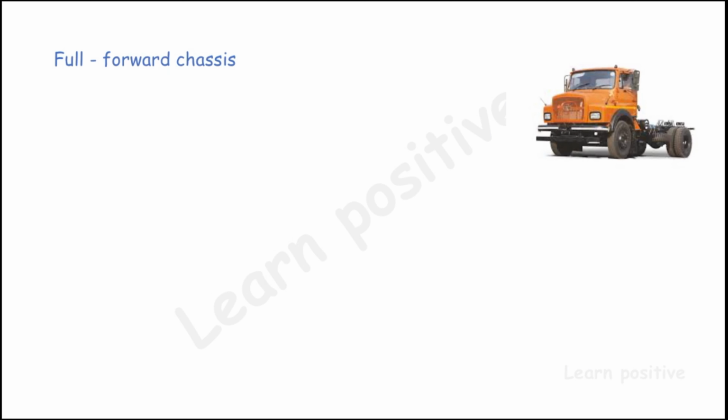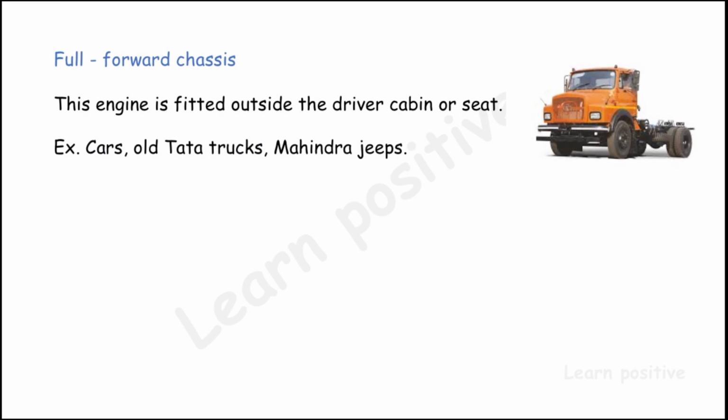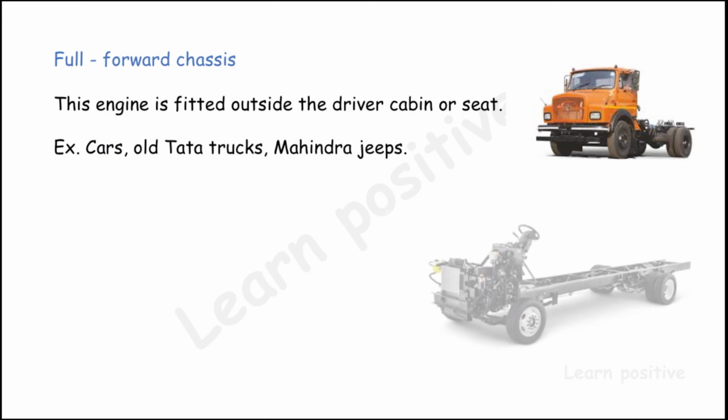The first one is the full forward chassis. You can see the diagram I have given here. It is an old Tata truck. If you look at this, you can clearly understand what a full forward chassis is. It depends on the engine and the driver cabin. The engine is mounted before the driver cabin, not in the driver cabin.